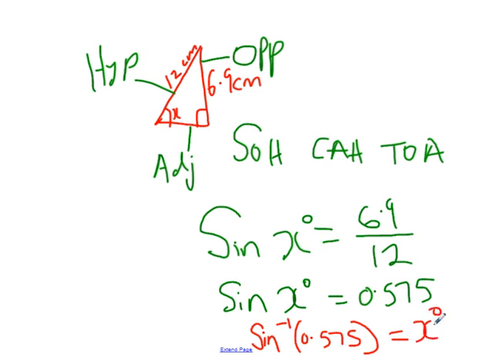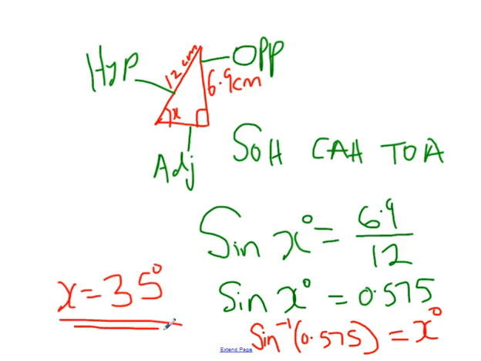So how do we punch that on the calculator? All we have to do is press the shift key on our calculator, press the sine, and then put the 0.575 in the bracket. And whatever that gives us, clearly our x is 35 degrees. And that tallies well with what we had at the very beginning.